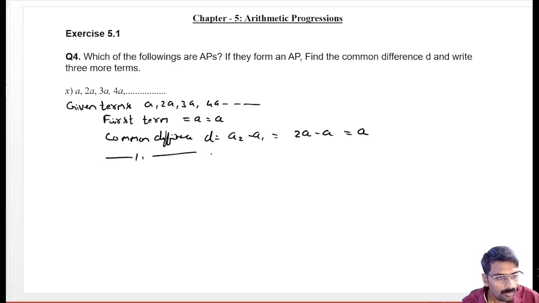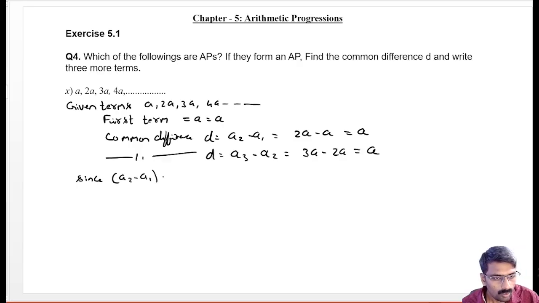Similarly, the common difference a3 minus a2 would be equal to 3a minus 2a, which is also a. Since a2 minus a1 is equals to a3 minus a2, this forms an AP.